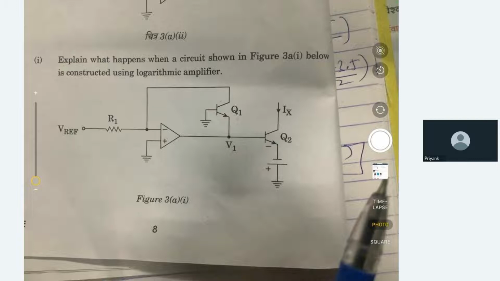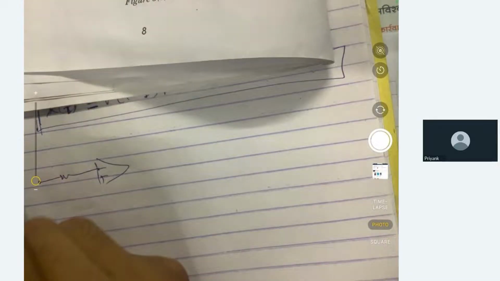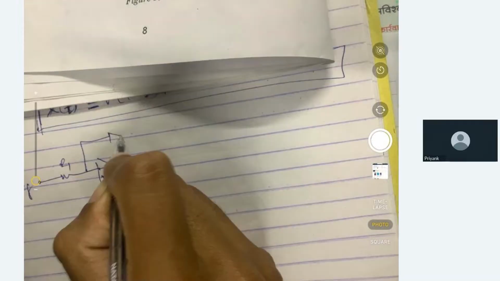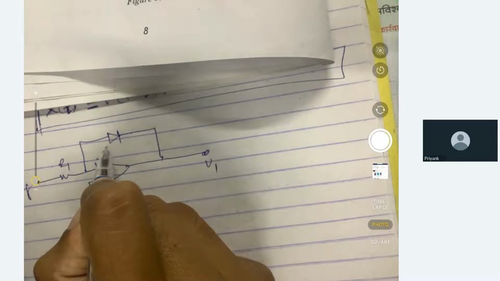A little detail I can add is this. This is our logarithmic amplifier, and this current and this current are the same.